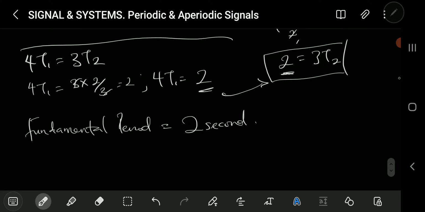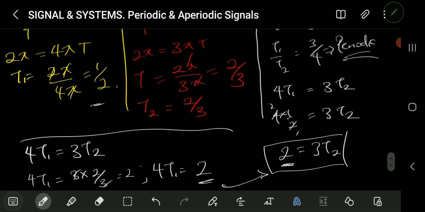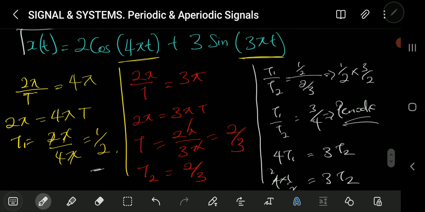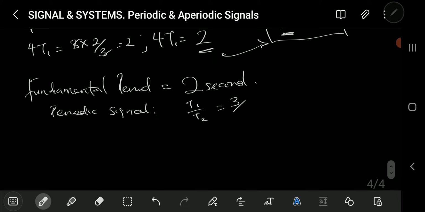And also, we've established the fact that this is a periodic signal. And why is it a periodic signal? Because when we look at t1 over t2, it's giving us 3 over 4, which is a rational number.